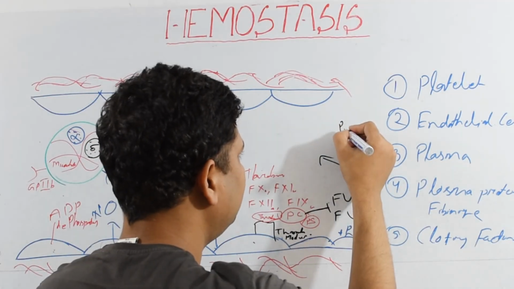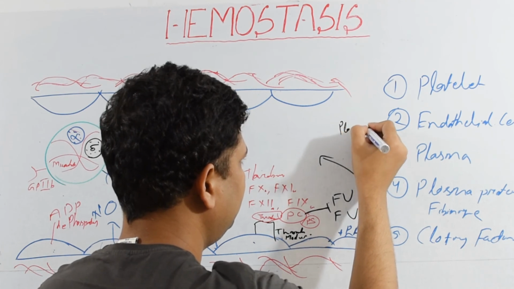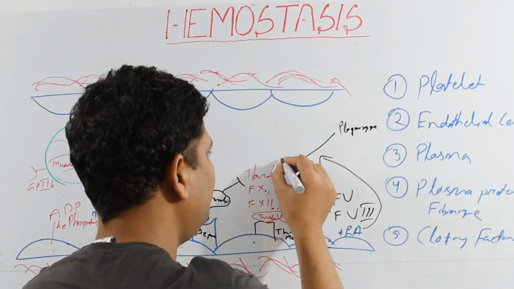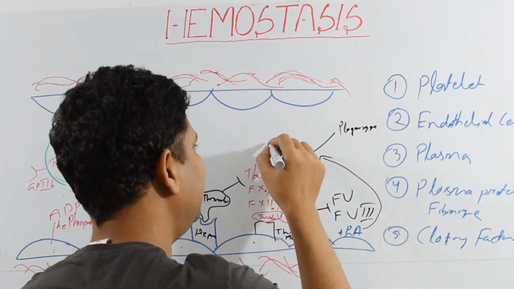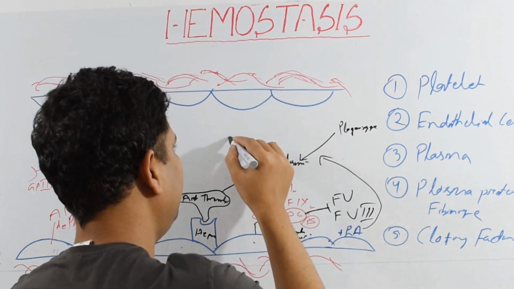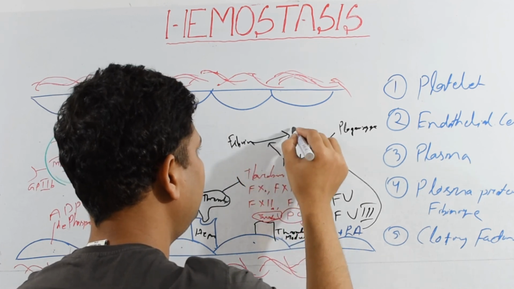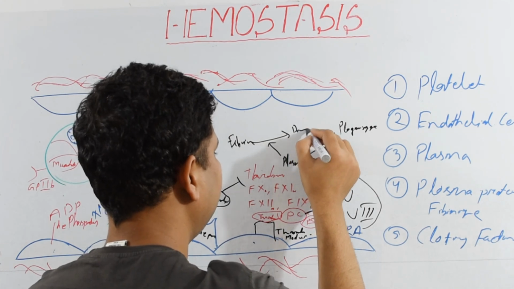It will activate plasminogen to plasmin, and this plasmin will degrade fibrin to its degraded form.